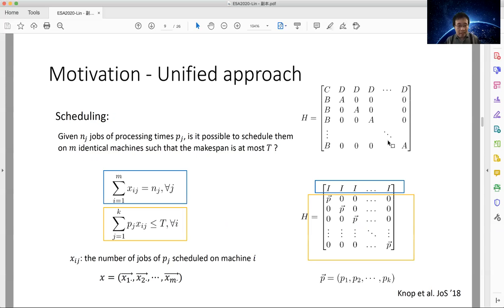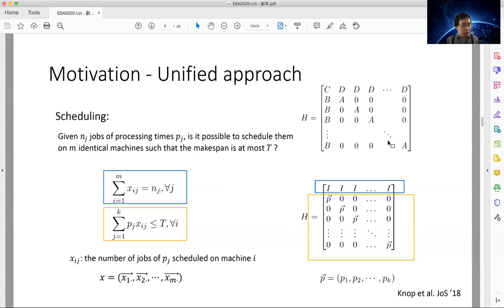And the interesting thing is that, this is a nice observation by Knop and others. If you take a little bit of time and rewrite the whole constraints into a constraint matrix, you will realize that the constraint matrix actually has such a structure, as you can see here.